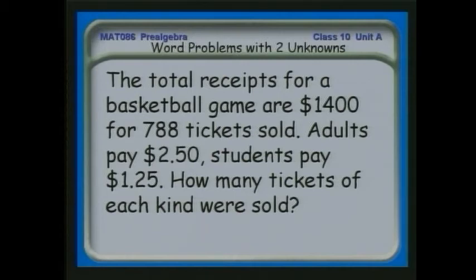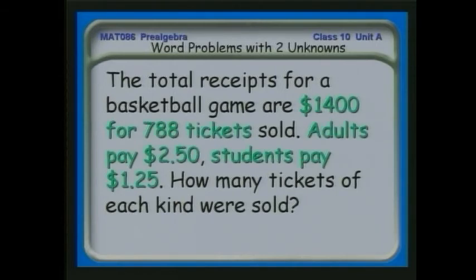There are adult tickets and student tickets, and what we know is the total number for both. Let's look for the information. There's the total receipts for 788 tickets. We know what adults pay, we know what students pay, and we have two unknowns here: how many tickets of each kind.